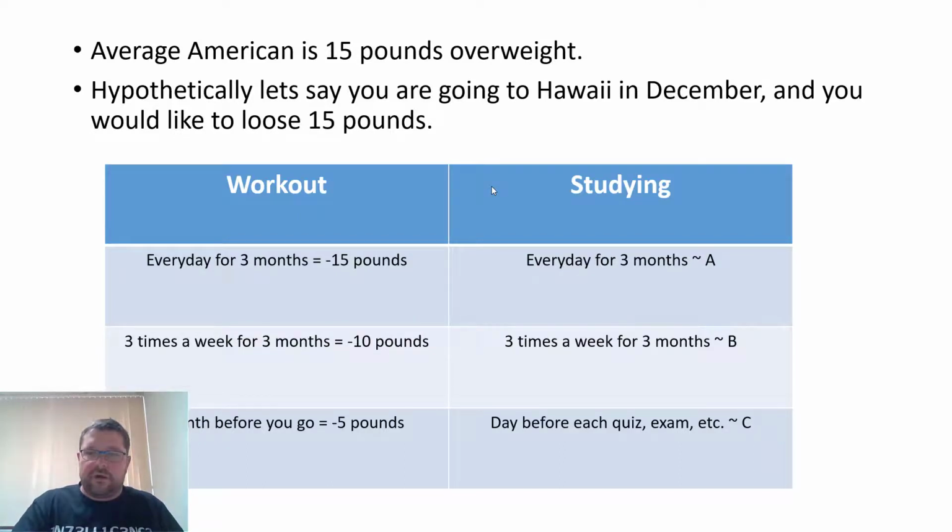If you decide, hey, I can dedicate a couple hours every week of the semester, you might end up in that B range. If you decide, I'm only going to study right before a quiz or an exam, and I'm only going to do my assignment the day it's due, then you might be in that C, D, or even F range, because your level of participation is not 100%.